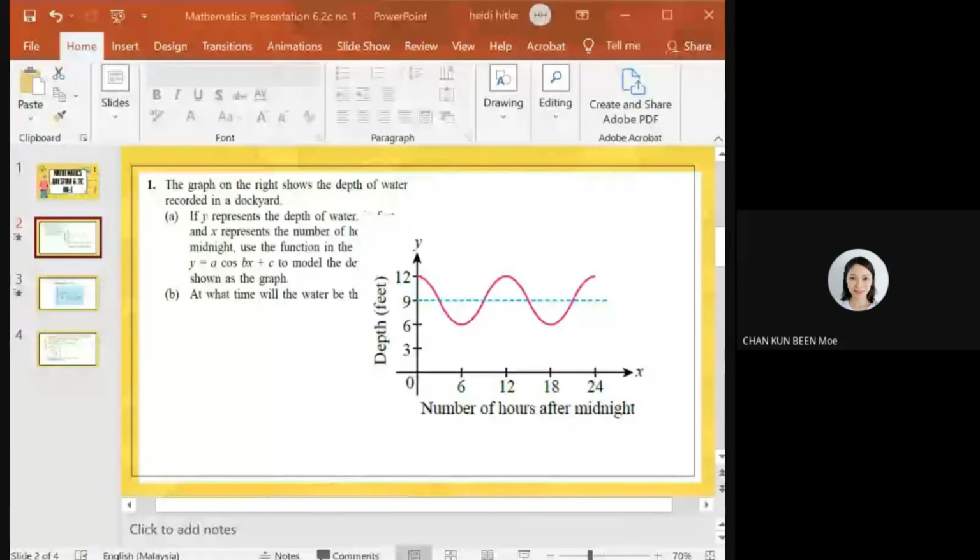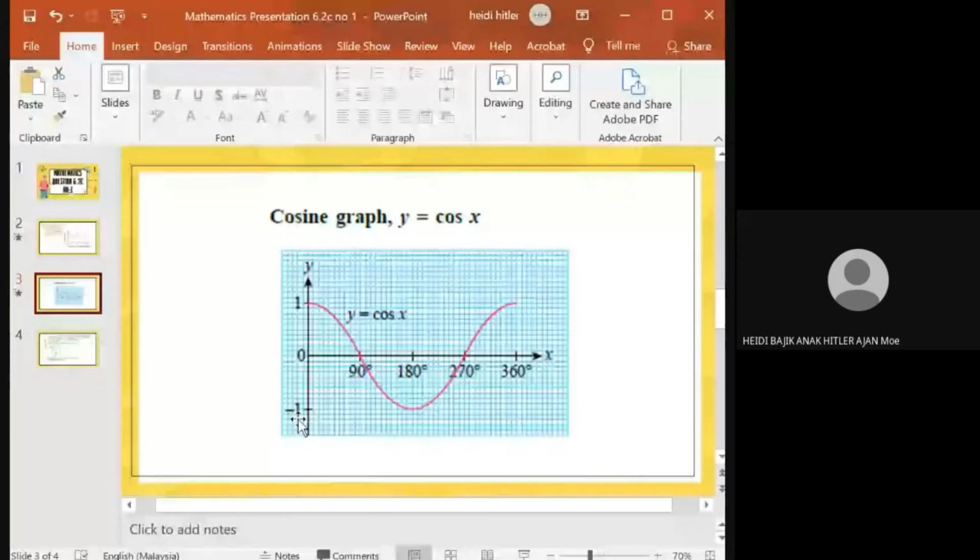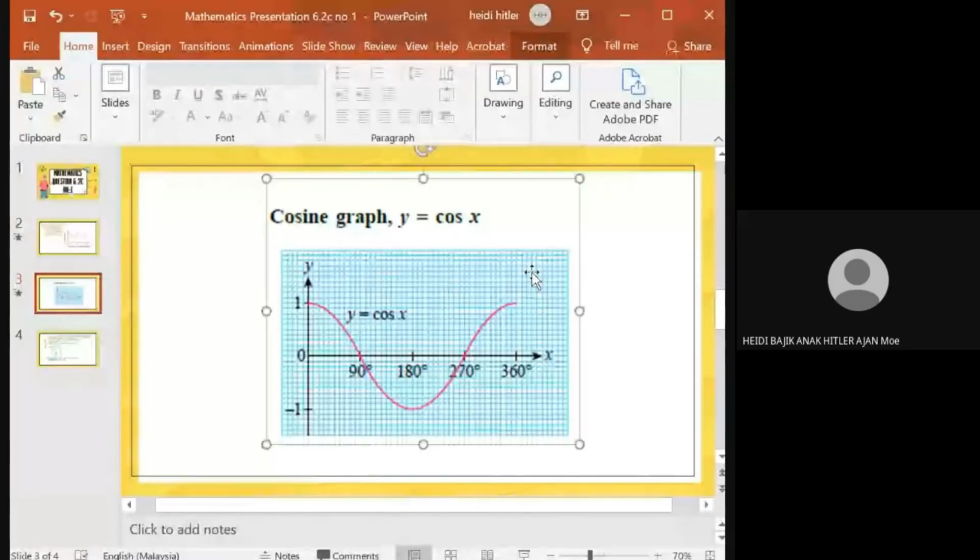If we look here, 1 minus -1 divided by 2 equals 1. But this is for the basic, original cosine graph that we refer to.